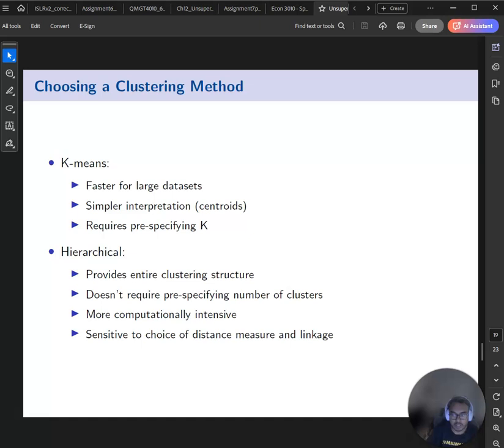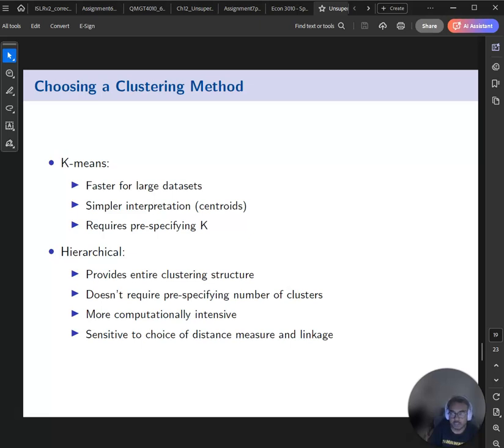Hierarchical clustering, on the other hand, provides the entire clustering structure in the form of a dendrogram. We don't need to pre-specify the number of clusters upfront, and we can decide after seeing the full structure. The downside is that it's more computationally intensive, particularly when we are dealing with large data sets. And it's also quite sensitive to the choice of distance measure and linkage method.